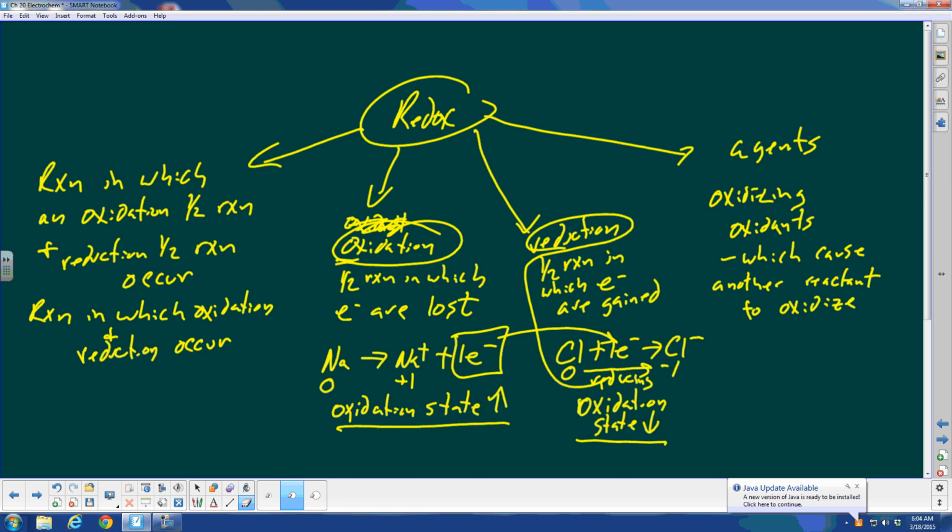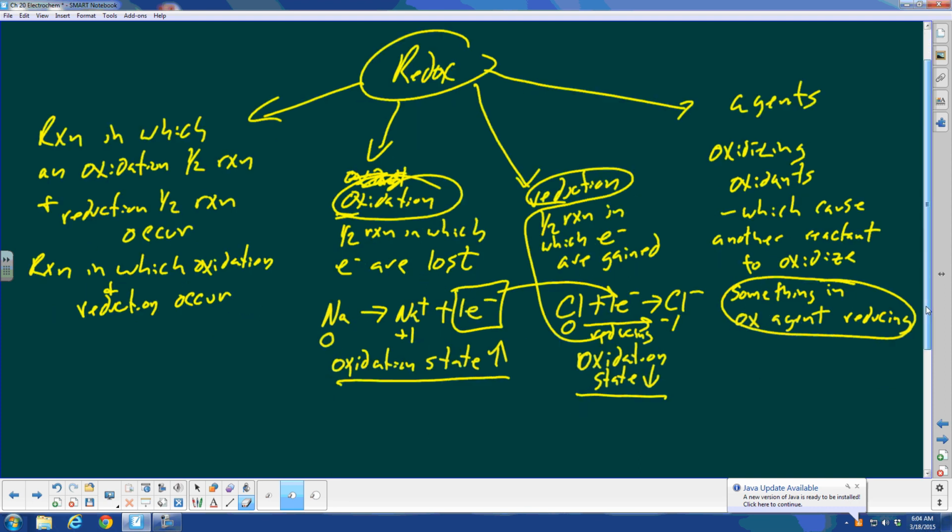Something in them, some species in the oxidizing agent, must reduce. So look at what's reducing, and that's going to be part of your oxidizing agent.